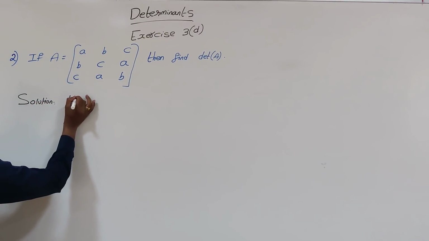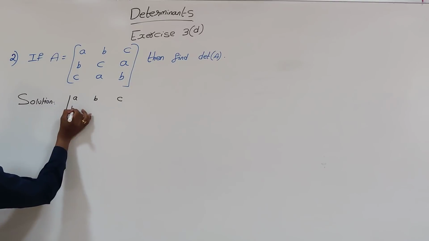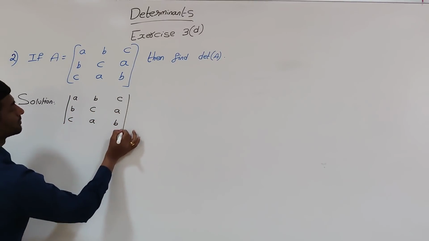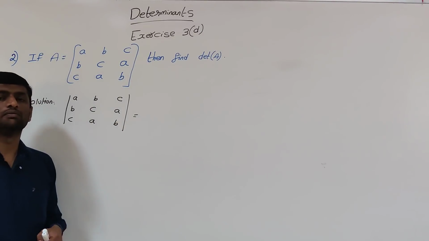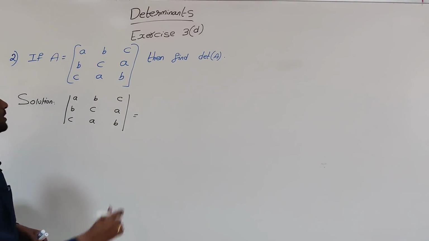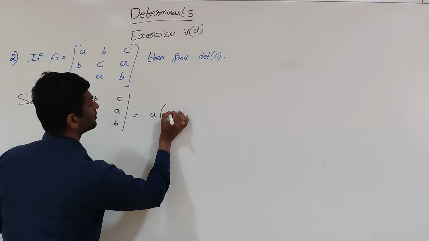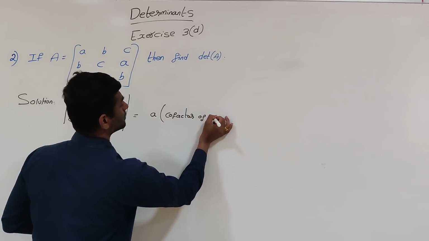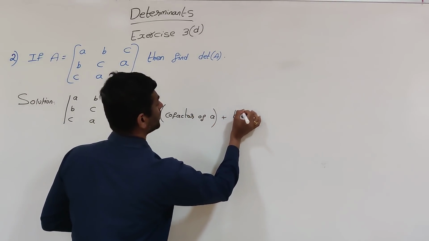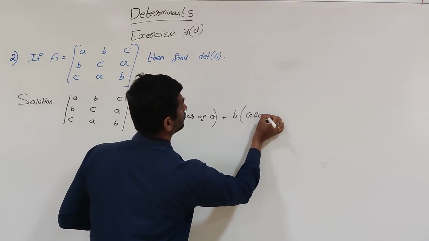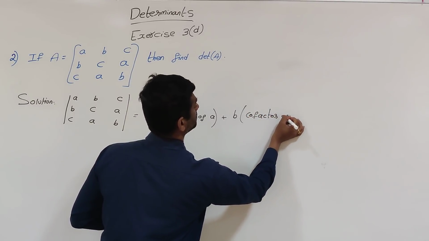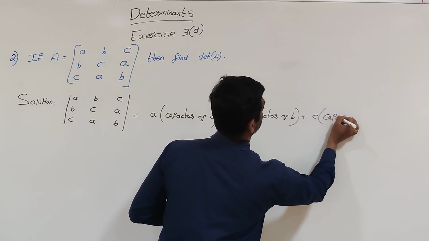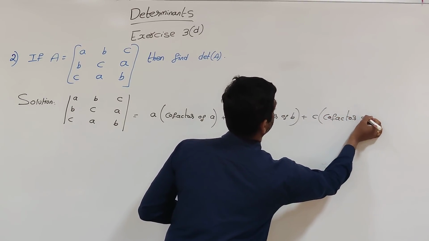So the determinant of A, B, C, B, C, A, C, A, B. Now expand by using the first row, that is A into the cofactor of A plus B into the cofactor of B plus C into the cofactor of C.